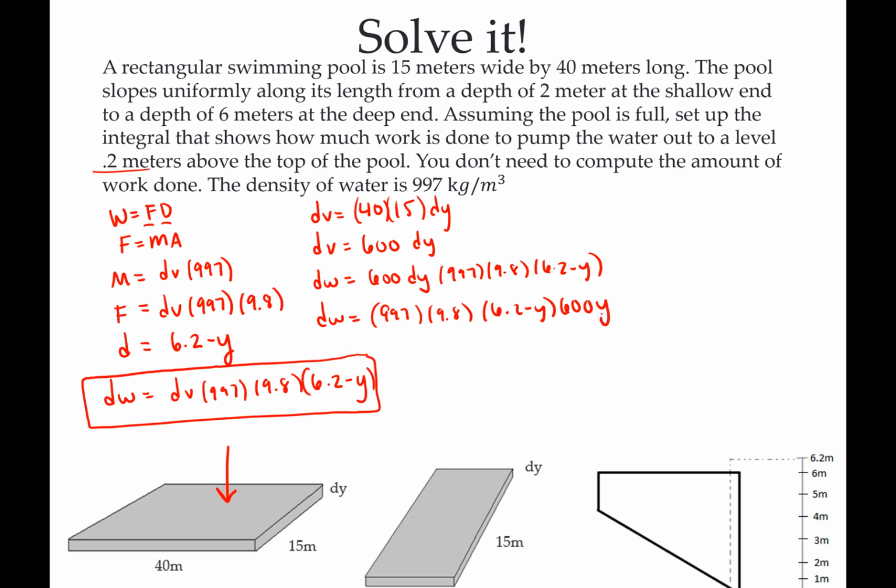Okay, so there's my dW, and I like to now write my integral. That's going to be the integral for this section right here, so from, what is that going to be, from 4 to 6, because that's the deep end there, and we know that it is 2 meters at the shallow end.